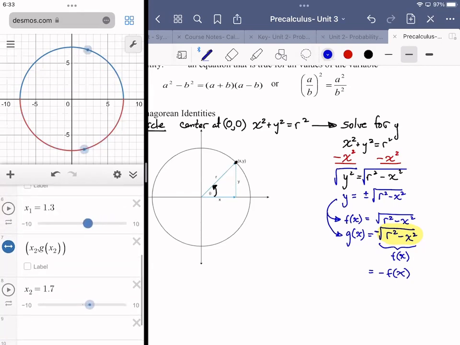So you have some possible points on the top, some points that live on the bottom. But what's happening here is that no matter where I slide these sliders, no matter where my x value is, I'm always going to end up with a point on the curve, whether it's the top or the bottom.